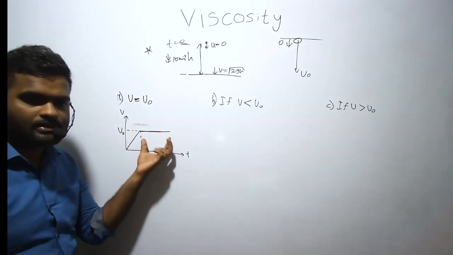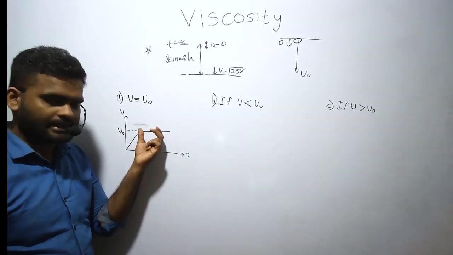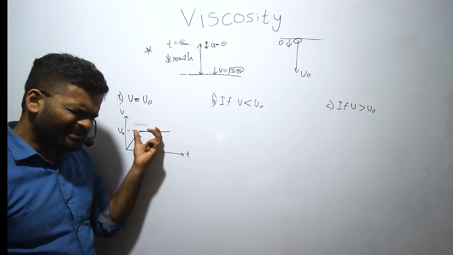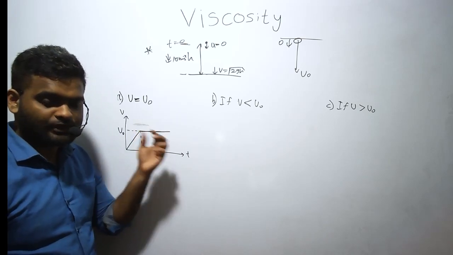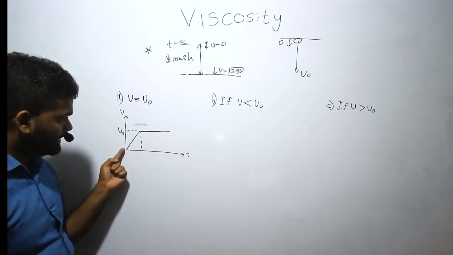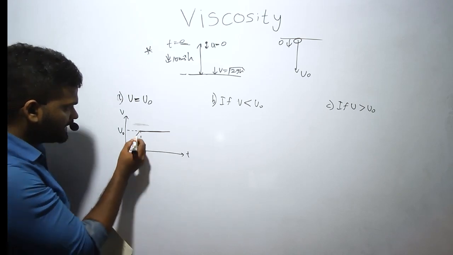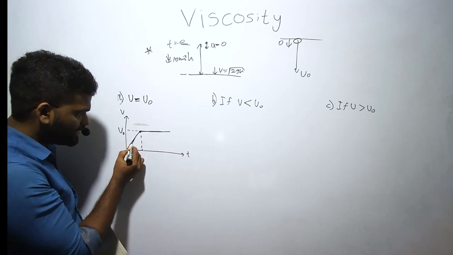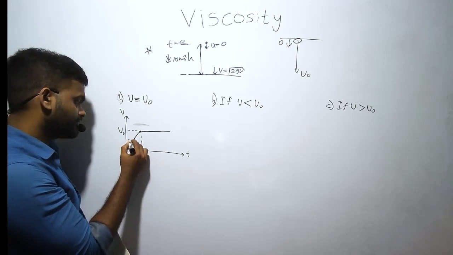It doesn't have to decelerate, right? It doesn't have to decrease its acceleration in order to get v naught. This already has v naught. It just dropped through the air at g.